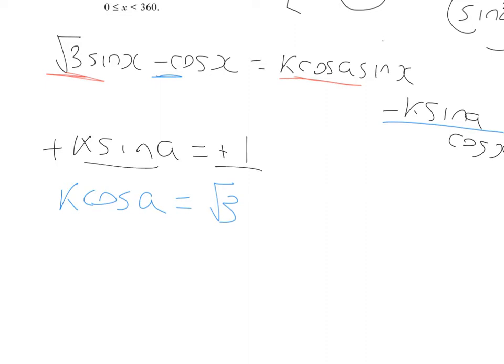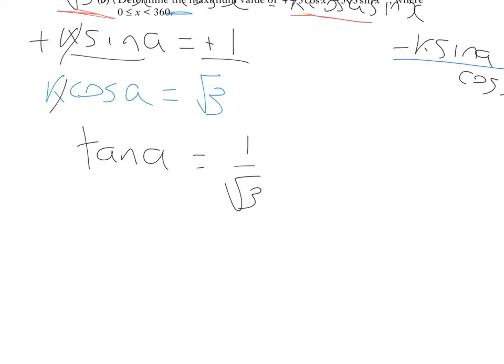So I'm then going to divide both. So k over k goes, sin over cos is tan, and I've got tan a equals 1 over root 3. It's a degrees question, so I'm going to get my CAST diagram up.